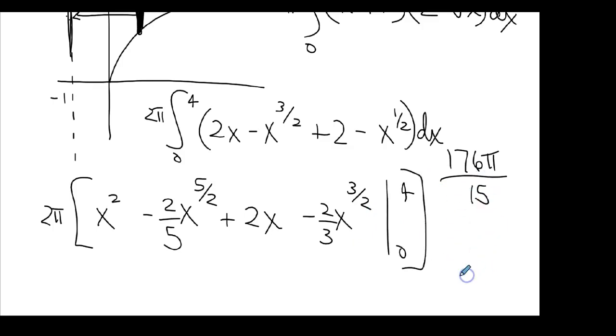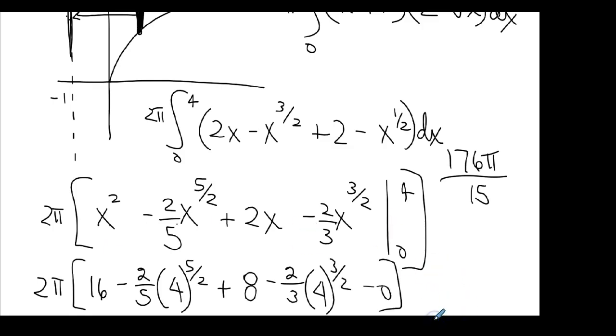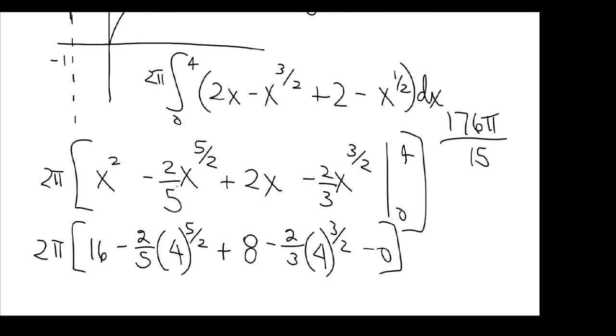Are we good so far? Okay, so then I put in 4: 4 squared minus 2/5 times 4 to the 5/2, plus 2 times 4, 2/3 times 4 to the 3/2. And when I put in 0, I get 0. We still good?